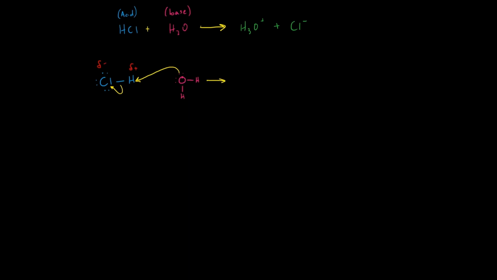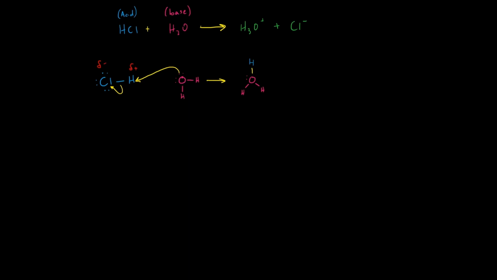We first create whatever the base is going to create with an extra hydrogen, in this case, a hydronium ion, where you have the water as it originally was, but it has now used one of its lone pairs of electrons to pick up a hydrogen ion from the acid. So that hydrogen ion came from the acid.